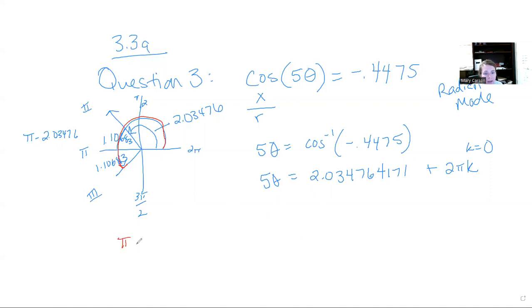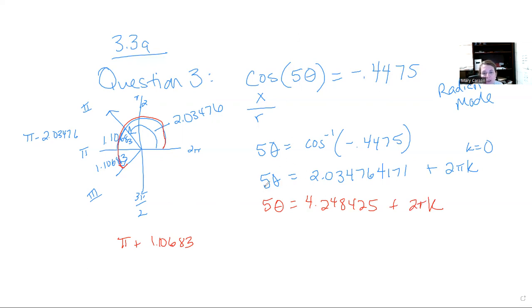So pi plus 1.10683. You get 5 theta equals 4.248425, plus 2 pi k. And so these are our two angle measures.